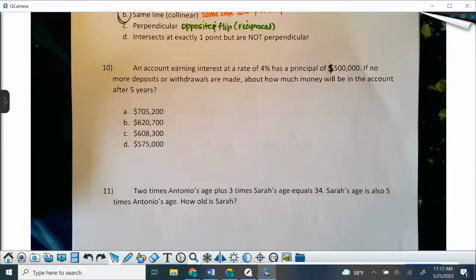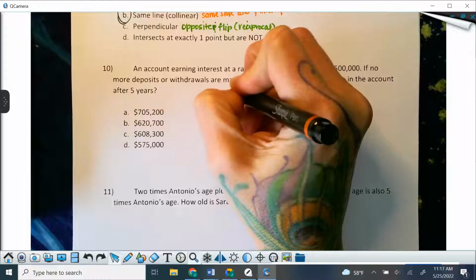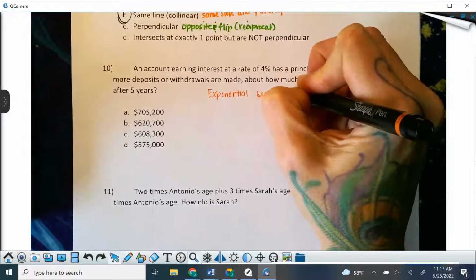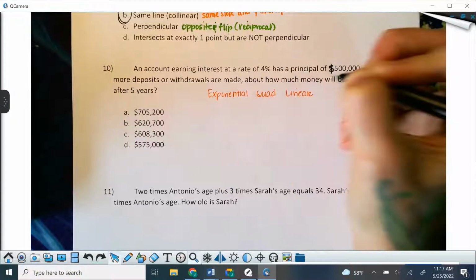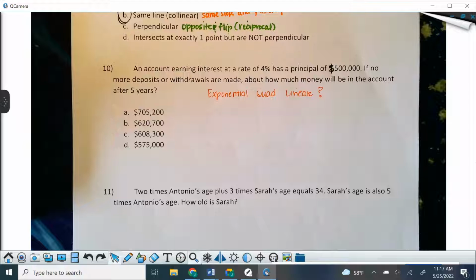Is this exponential, linear, or quadratic? Because those are the 3 main types of functions we need to know. Exponential, quadratic, or linear. Which one? Just from that storyline. Is that an exponential growth?